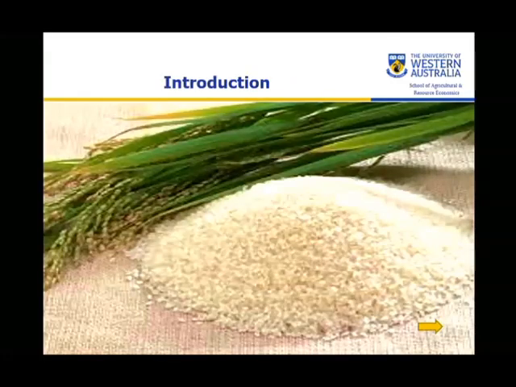Now, basically, rice is a food security crop when it comes to Ghana. And it's one of the cash crops that has so much effect on the diet of the population. Currently, about 34% of the total expenditure on cereals is spent on rice.